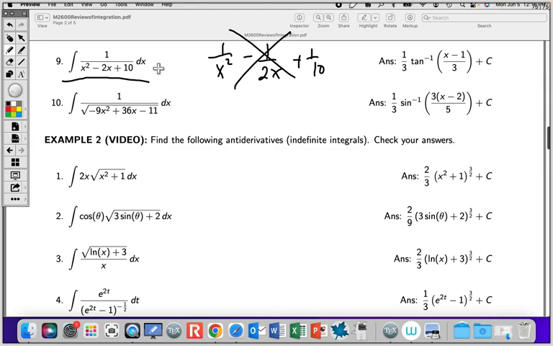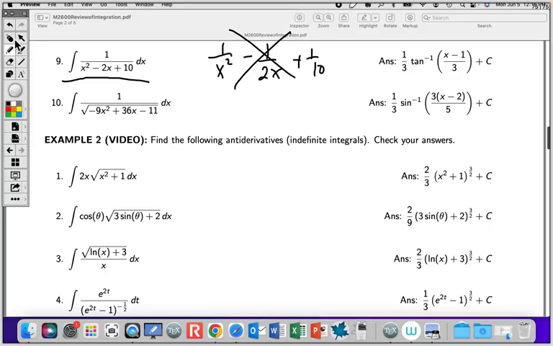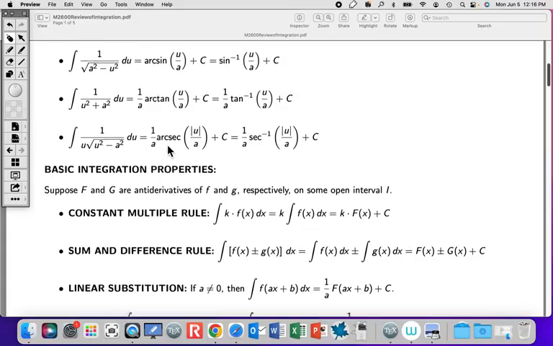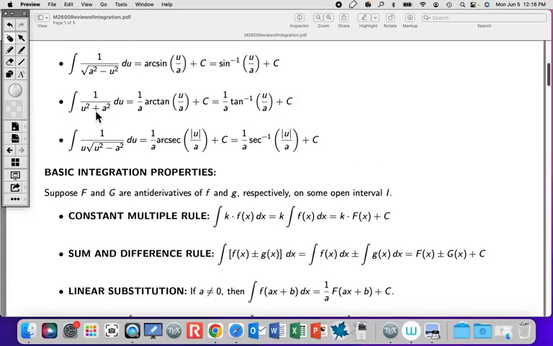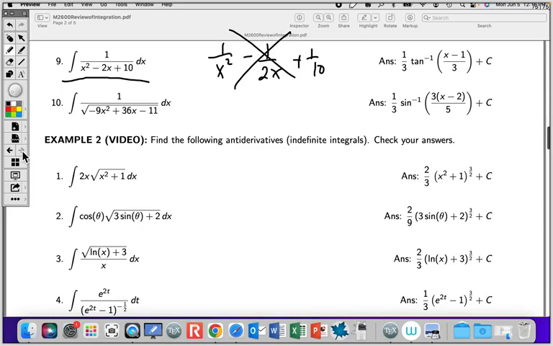We don't have anything that's got a quadratic in the denominator except for inverse tangent. So if I look at inverse tangent, I've got a sum of squares down there. And in fact, this is an inverse tangent. We just need to complete the square. So let's talk about completing the square.